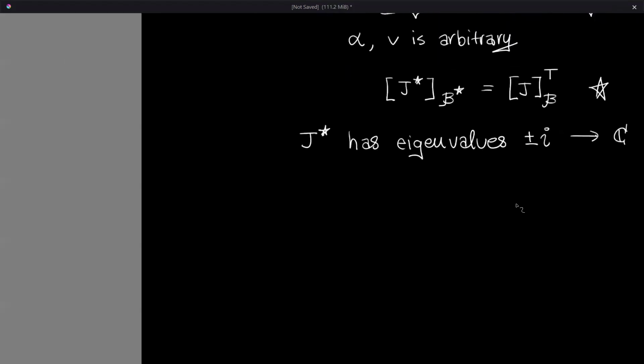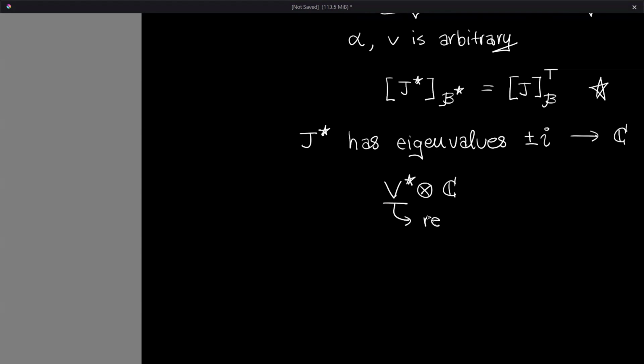So it's more convenient to work from now on in V star tensor product C, or direct product with C. So is this a real vector space?